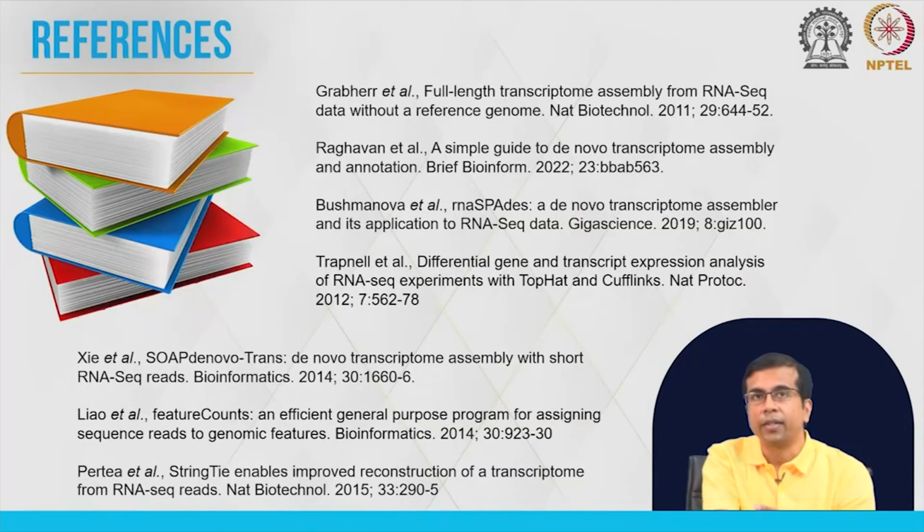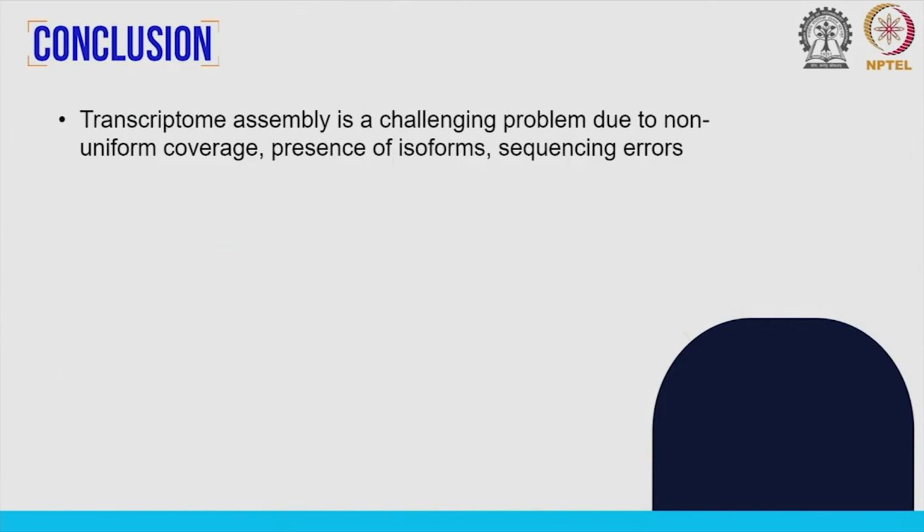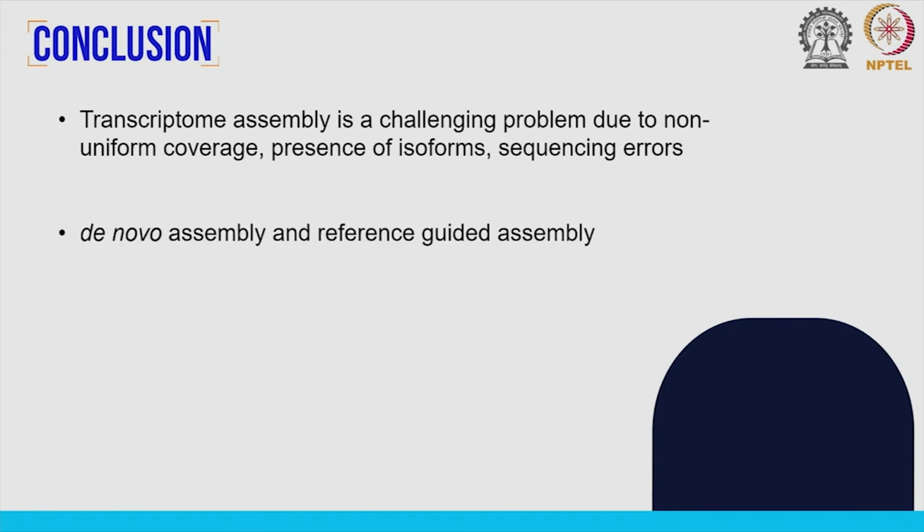Here are the references that we have used for this class. To conclude, we have talked about transcriptome assembly, and this is a challenging problem due to several issues that we have mentioned. We have non-uniform coverage, we have isoforms, we also have sequencing errors, etc. We talked about two types of assembly: de novo assembly, where there is no reference sequence, and reference guided assembly.